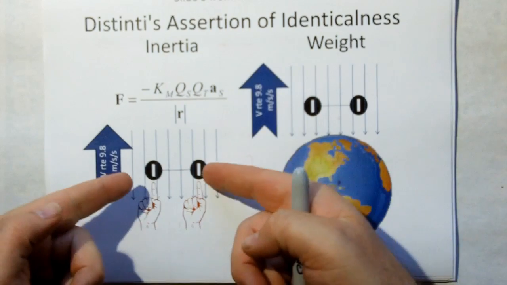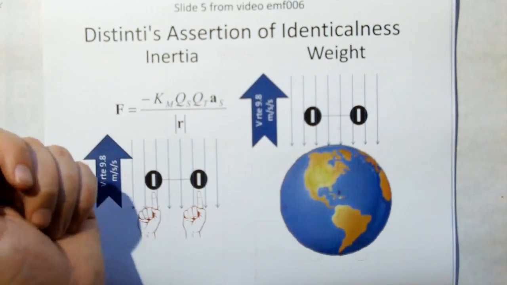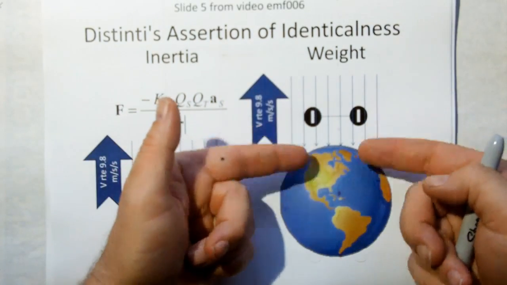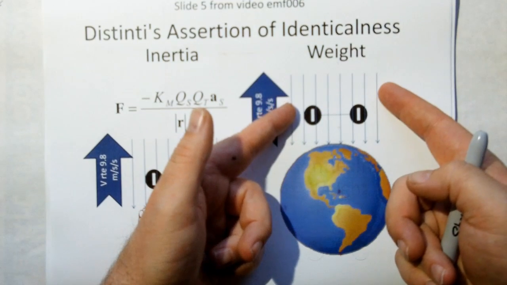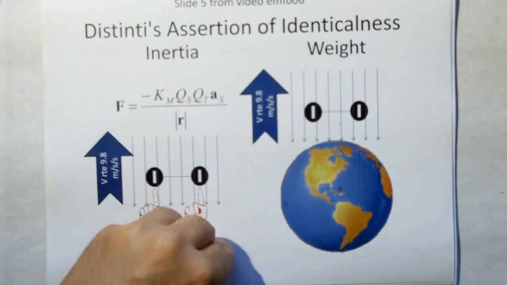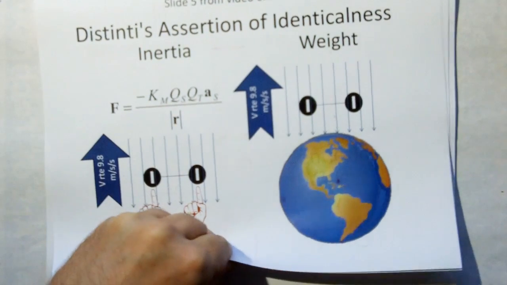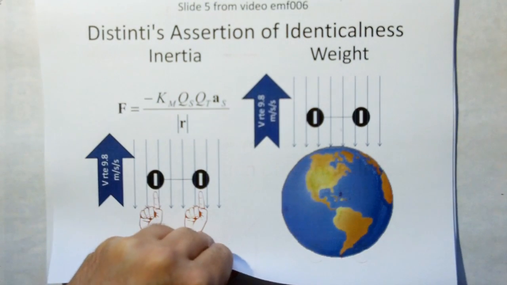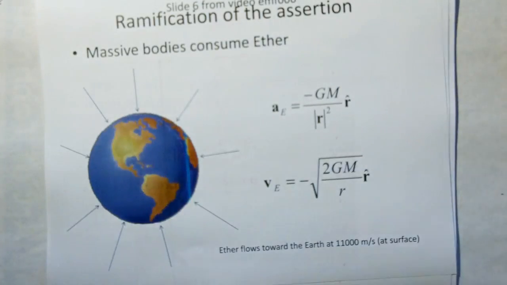And therefore, on the Earth, you would get the same effect as if the Earth were consuming ether in such a fashion that ether is accelerating at 9.8 meters per second squared toward the Earth at the surface. And that would be a way to unify them. Not just say they're equivalent, but to say they're actually the same thing.